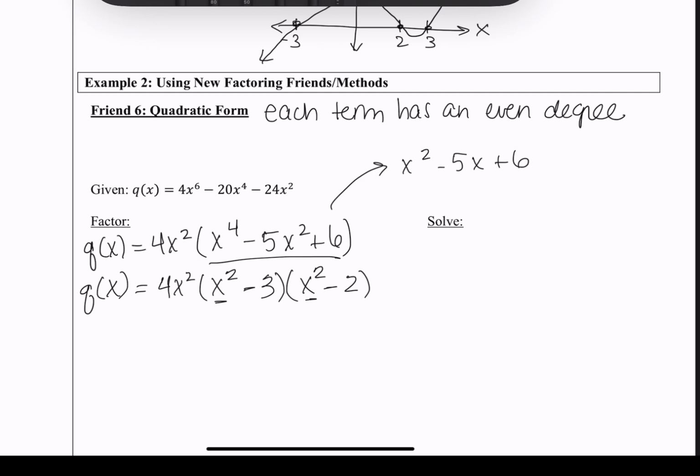All right, and so if I wanted to solve this now, I'm going to set q of x equal to 0 because my output needs to be 0. Now I'm going to take each one of those three factors, set them equal to 0, and then I'm going to solve.